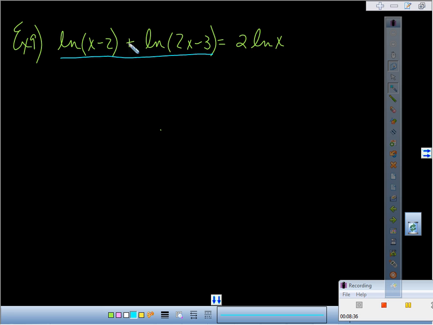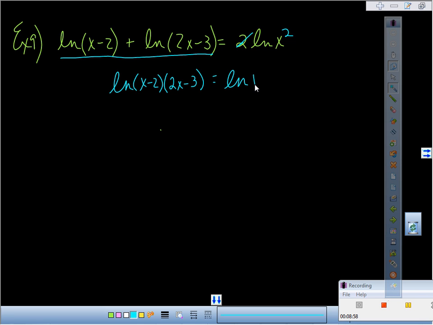When they add, what are you really going to do with your ln's? Multiply them. So it's really just like ln of x minus 2 times 2x minus 3. Do y'all agree with that? What am I going to do with this 2? There you go. So this is like ln of x squared.